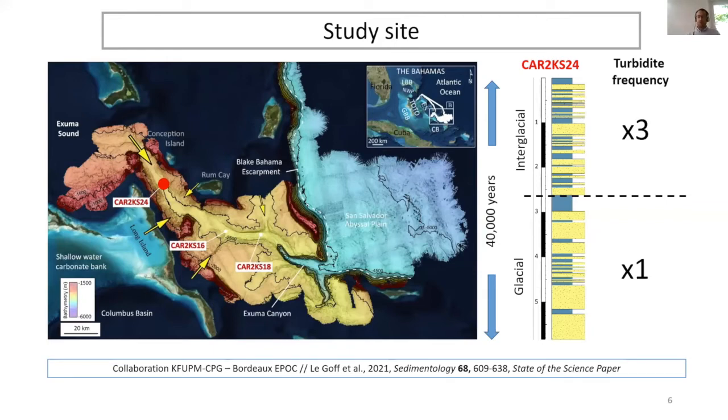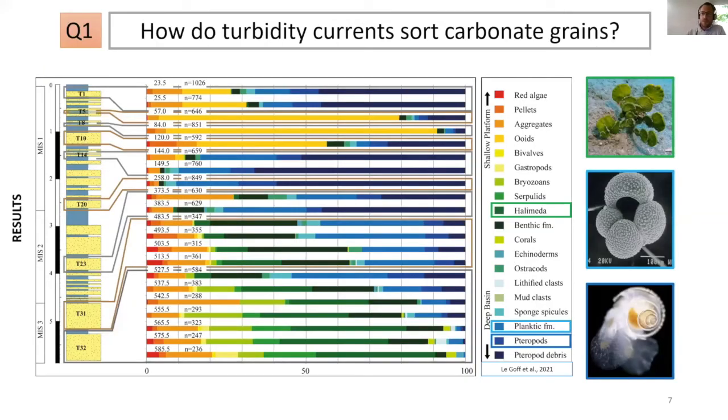So to go further into the composition of these calciturbidites, we undertook a grain counting of certain turbidites. What you can see on this busy chart is the normalized composition at several stratigraphic positions. That's one stratigraphic position, for example.